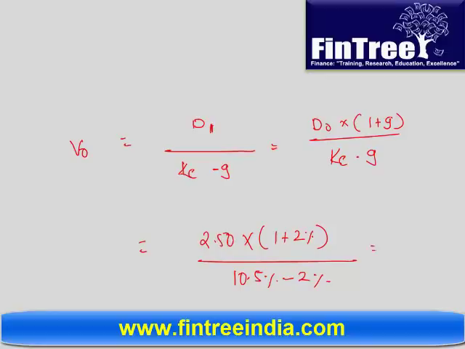So which would be 2.55 divided by 8.5%, and I'm assuming that this number is coming out to be 30. Is that correct? Yes. Are we good to move?